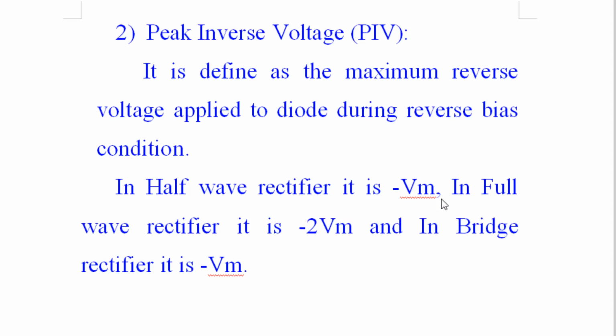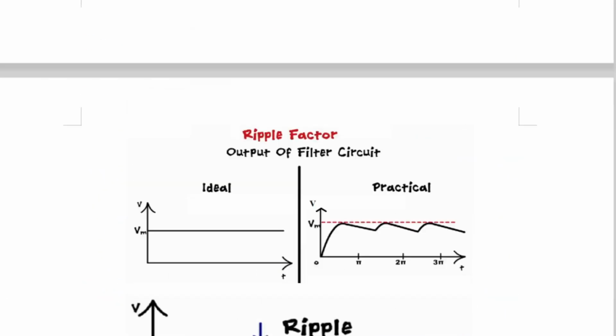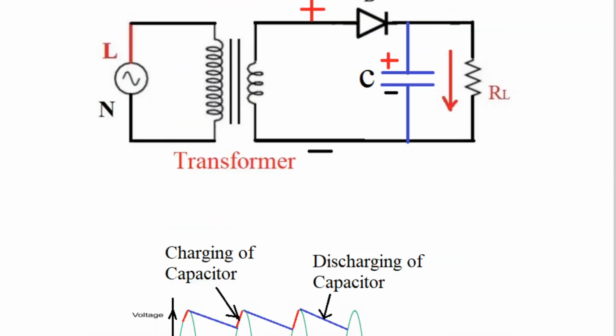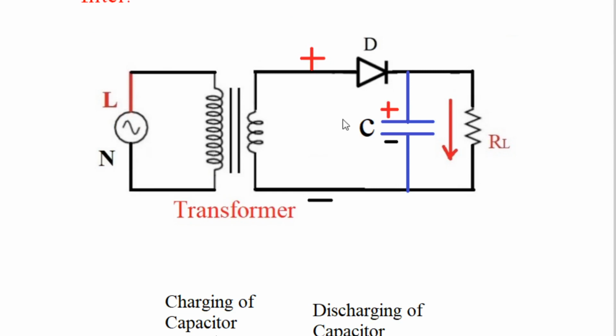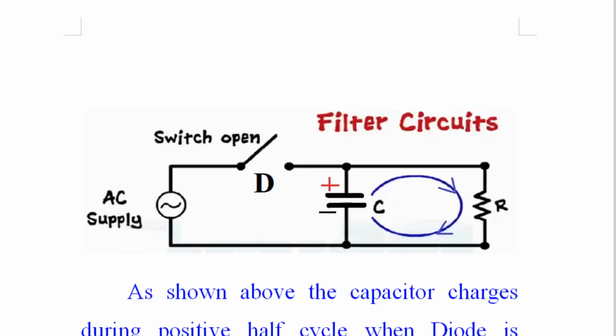In a full wave rectifier, it is minus 2 Vm, and in a bridge rectifier again it is minus Vm. Now we'll concentrate only on the half wave rectifier. It is minus Vm because during the negative half cycle the diode will not conduct, and therefore the reverse voltage appearing will be minus Vm.